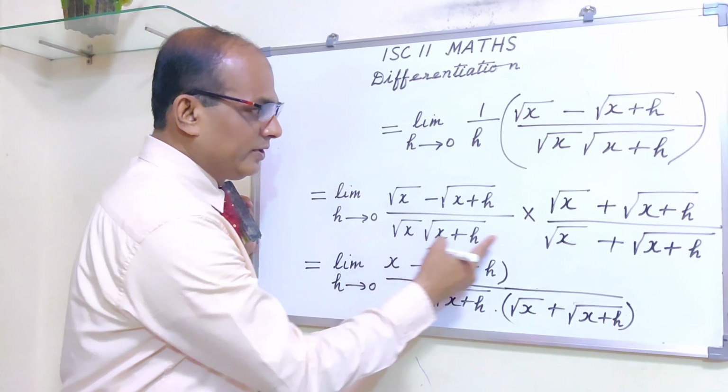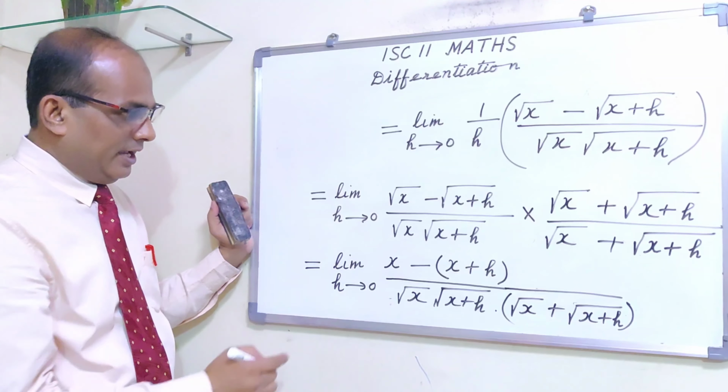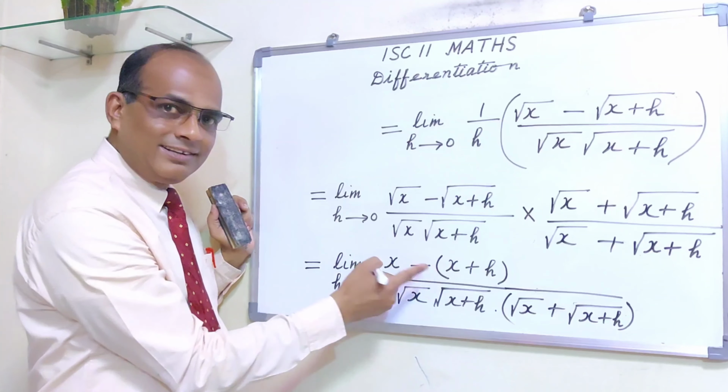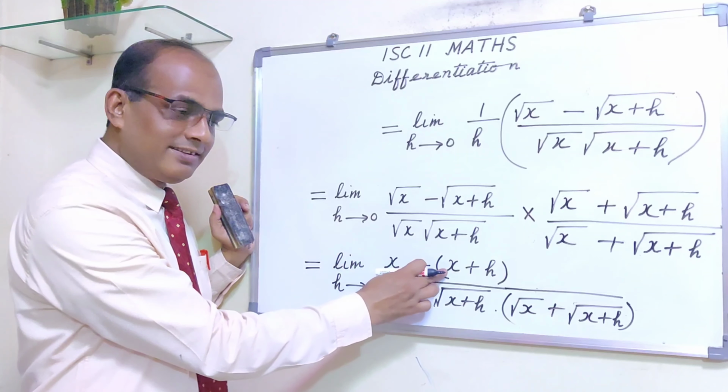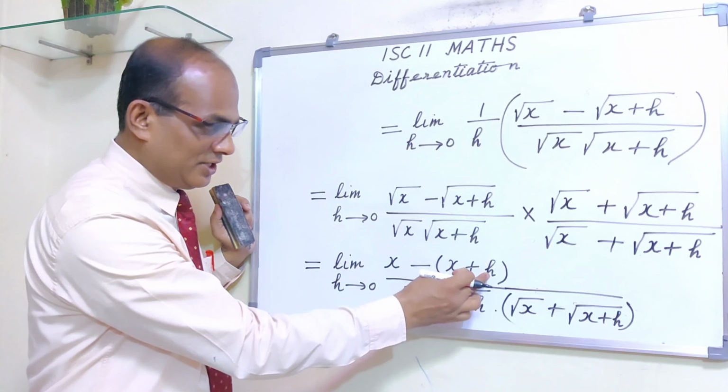This is in product, this into this into this. Now when you open the bracket, this x and minus x cancel each other, and you get minus h.